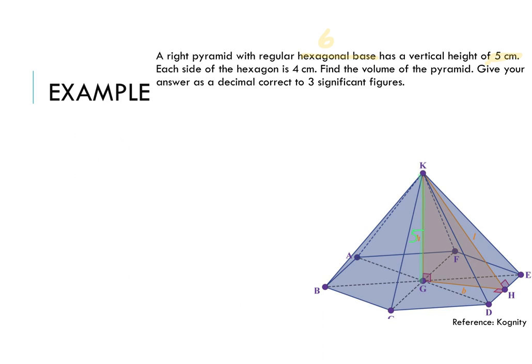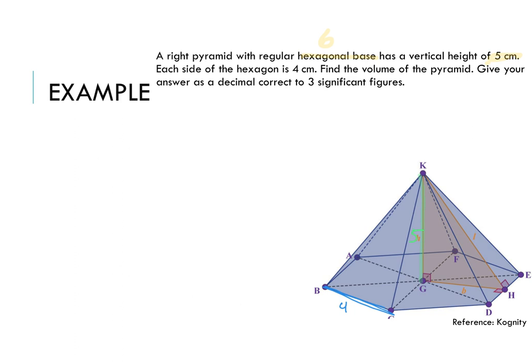Each side of the hexagon is 4 centimeters. Find the volume of the pyramid. Give your answer as a decimal, correct to 3 decimal places.